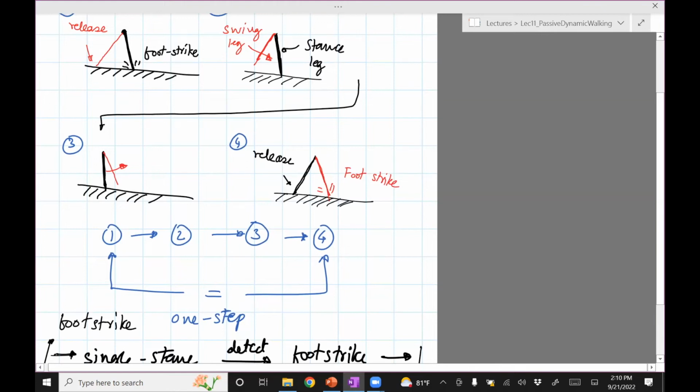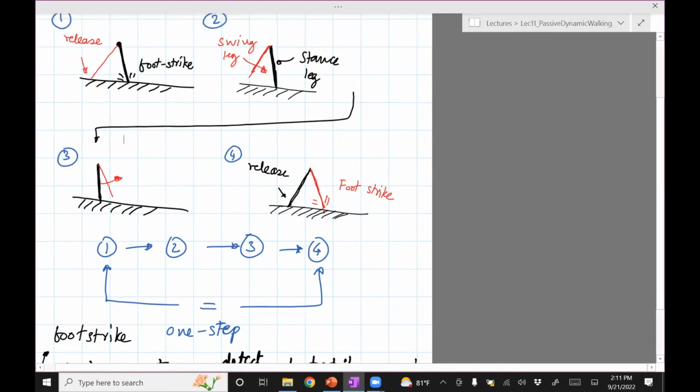Now that might be true for humans, because our left leg and right leg may have a different mass distribution, in which case I need to care about simulating 2 legs separately. But in this case, it seems like an overstretch to try to do 2 steps, because the front and back legs here are the same. So instead of trying to keep track of 2 steps, we just keep track of 1 step, and what we do is we switch the legs.